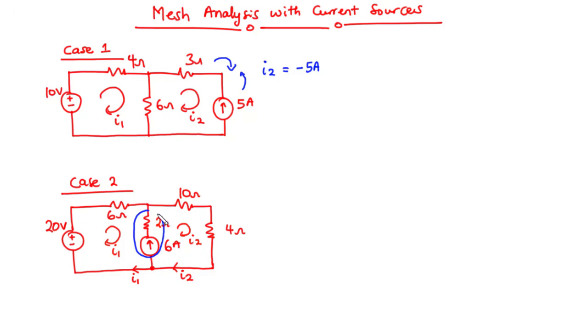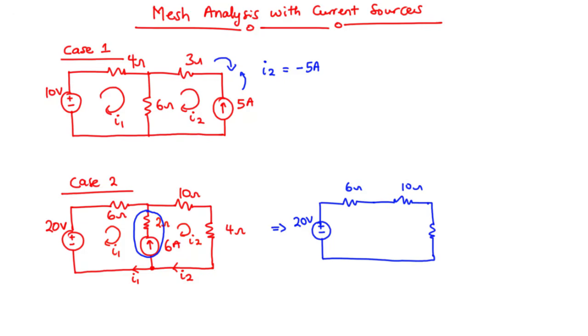We simply create a supermesh, that's by excluding this whole branch, excluding the current source in series with any other element. So we are going to redraw this circuit such that we have the 20 volt source, we have this 6 ohms resistor, and then we have the 10 ohms resistor, and then the 4 ohms resistor.